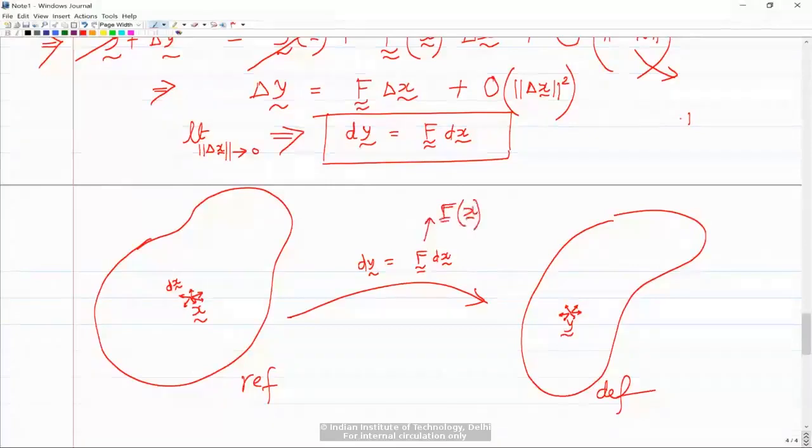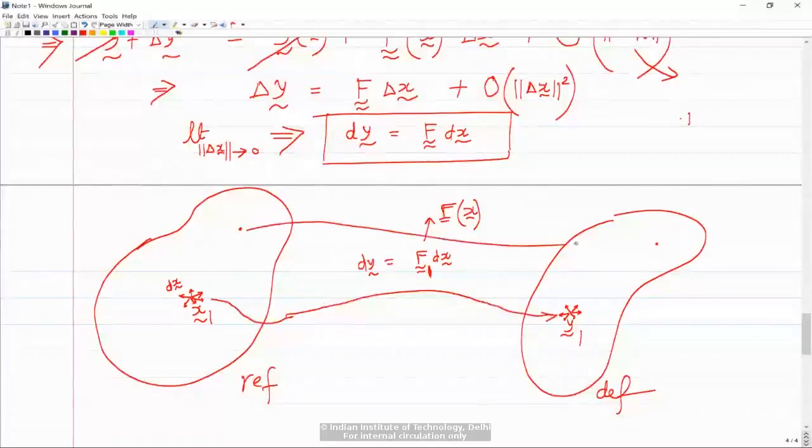So at this point, you have one big F. At another point, suppose it's here. So this is, let us say, x1, and this is y1. So what you have here is dy is equal to F1 of dx1. Okay, so this is relating, say, these two. But for another point, let us say this one, which is the point x2, and here is a point y2. Then again, you have those tiny lines here, material lines.